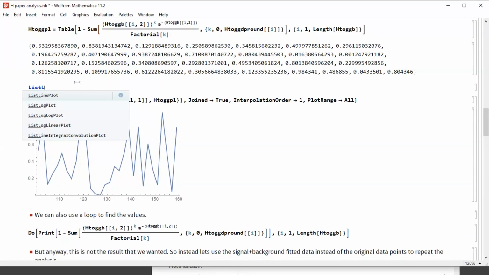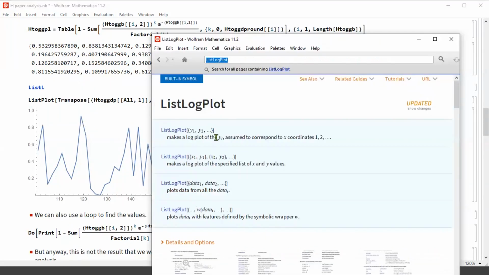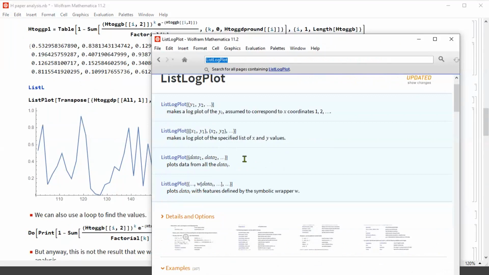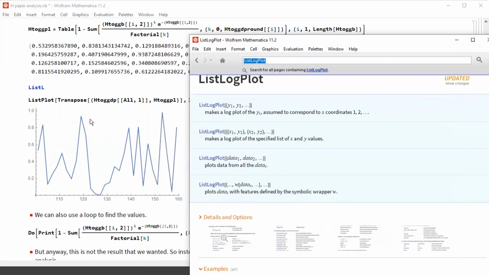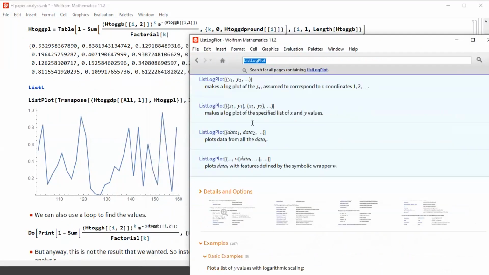Let's try LogPlot. So go below. Let's see what it does. I hope it's the y-axis in log.